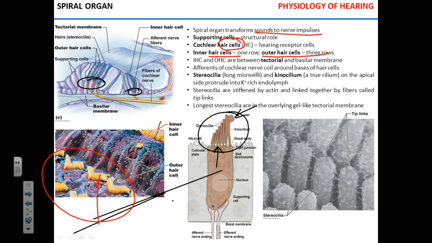This structure, stereocilia and kinocilium, they extend in the endolymph. Remember, I told you before, look at this model once again. This is the scala media. It is filled with endolymph. So hairs, the cilia, are in the endolymph. Does that make sense?